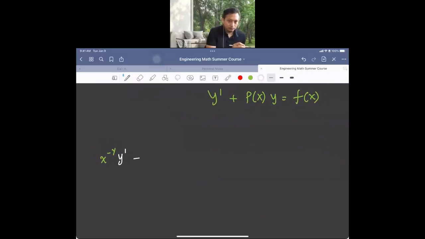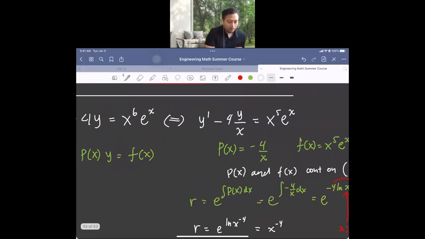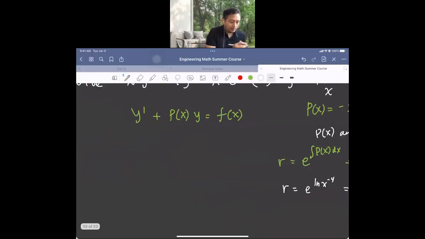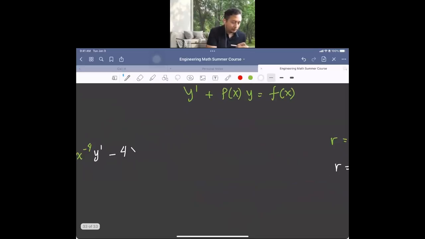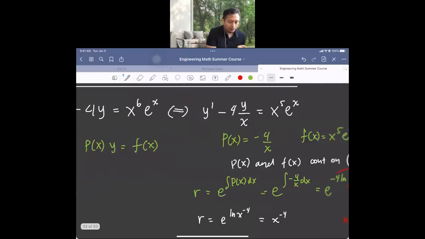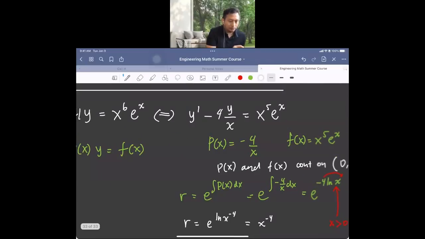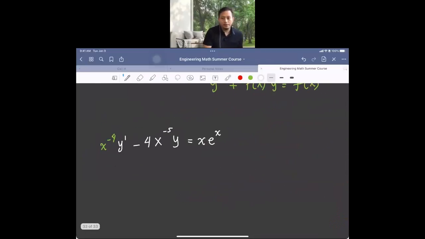And minus 4, or x to the negative 4, divided by x, then it's negative 5, right? And this one is 5, with the 4, it becomes x. Okay, 5 minus 4 is 1, right?